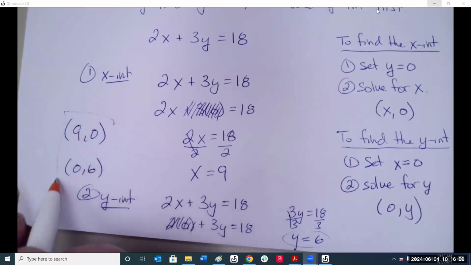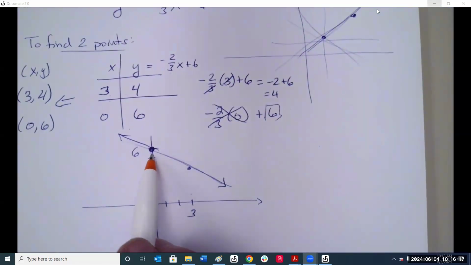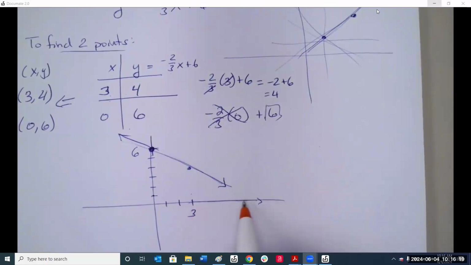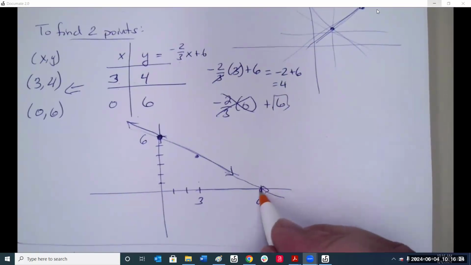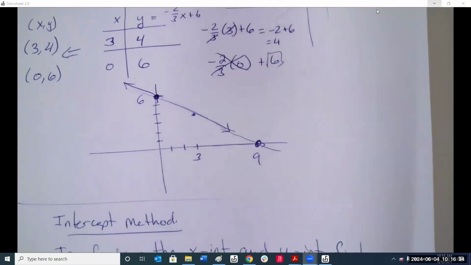All we do now is plot these 2 points, connect the dots, and you're done. We have the first one, 0, 6. So we do the other one. So that's one way of graphing equations. Let's practice those.